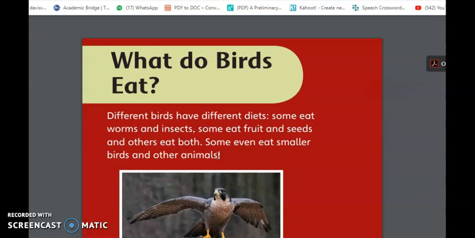So with that, you're able to know that there are some birds that feed on fruits and seeds, or birds that feed on worms and insects, or birds that feed on both.